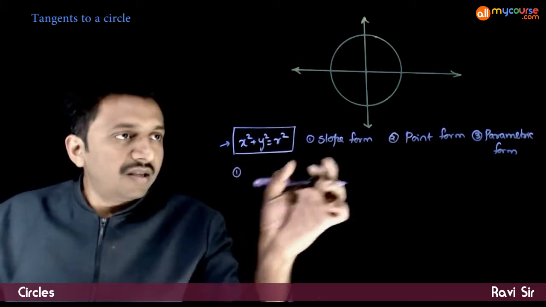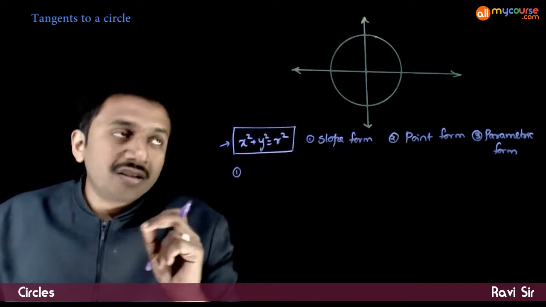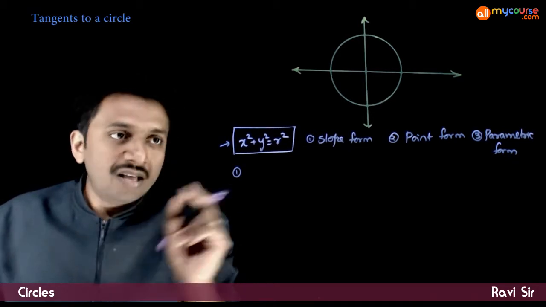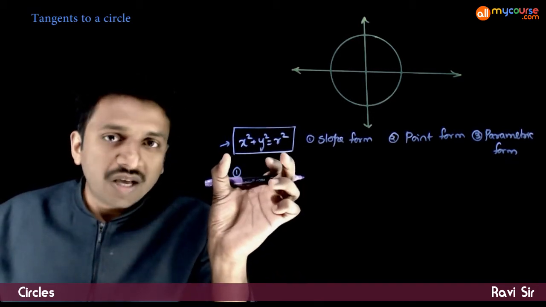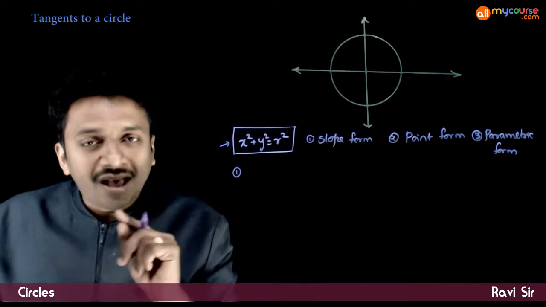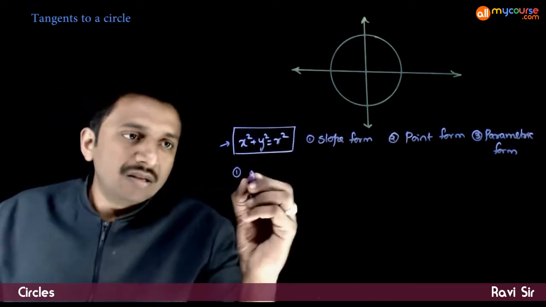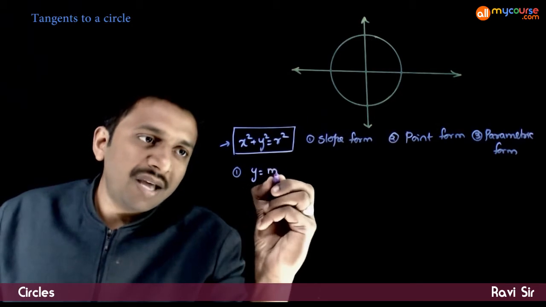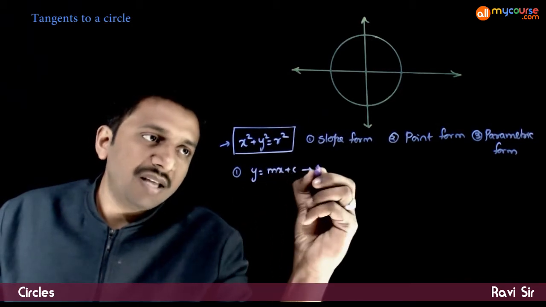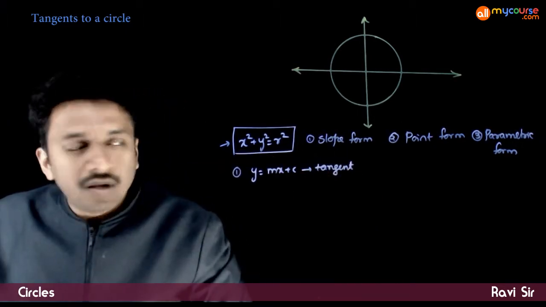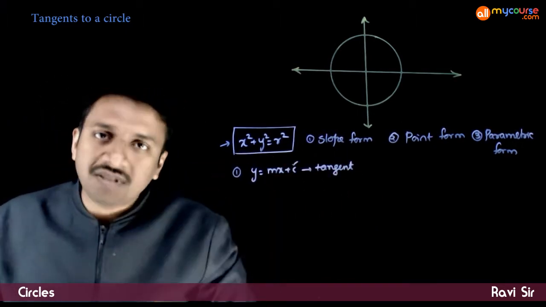First, the slope form means if you are given the slope of the tangent. For example, you are given x square plus y square is equal to r square. I want a tangent of slope m. So if y is equal to mx plus c is a tangent to the circle, what will be the value of c?